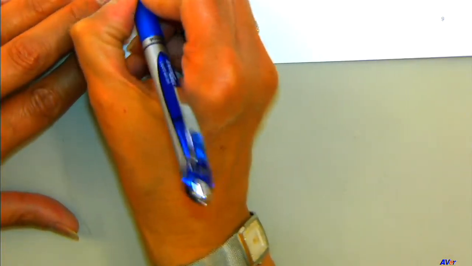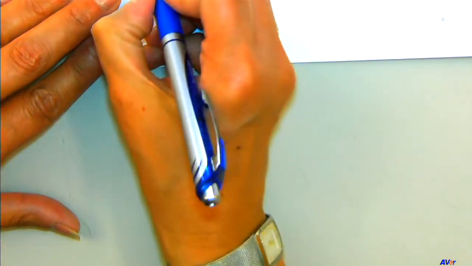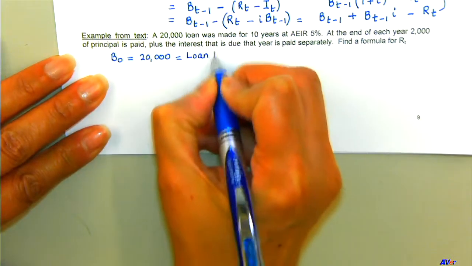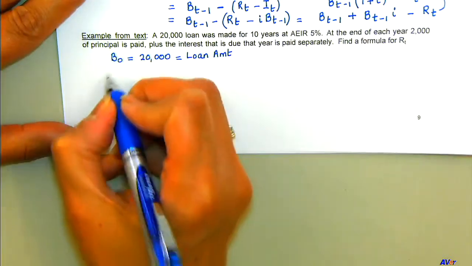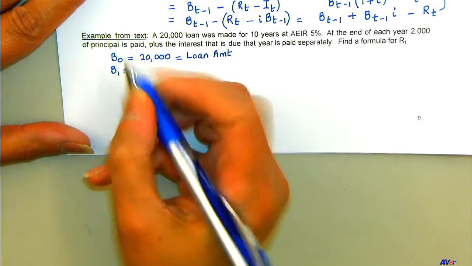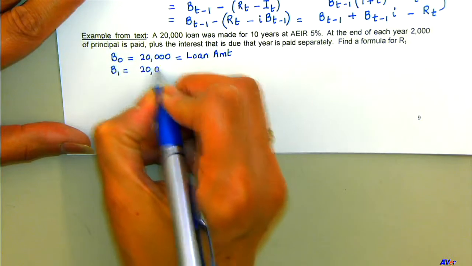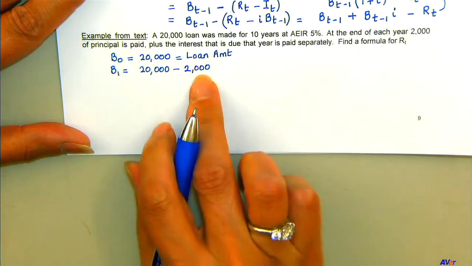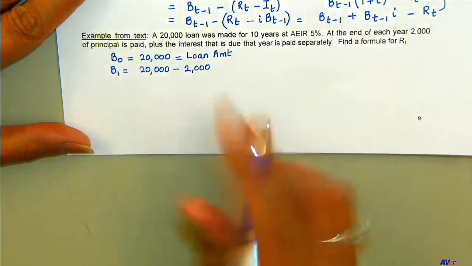I realize that every year, I make a principal payment of $2,000. So B_0 is equal to $20,000. This is the loan amount. B_1 is equal to 20,000 minus 2,000, because it says a principal of 2,000 was paid.